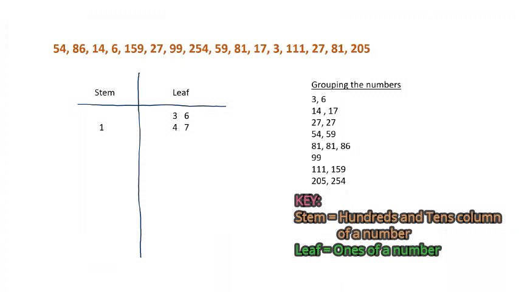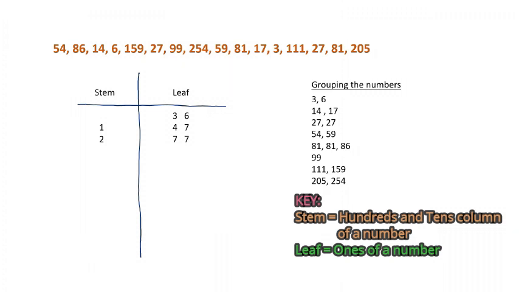The next grouping is 27 and 27. So I need a 2 in the stem column because it represents my tens column, which is for 20, and 7 in the leaf column, which represents the ones. And I need two 7s because I have two 27s.